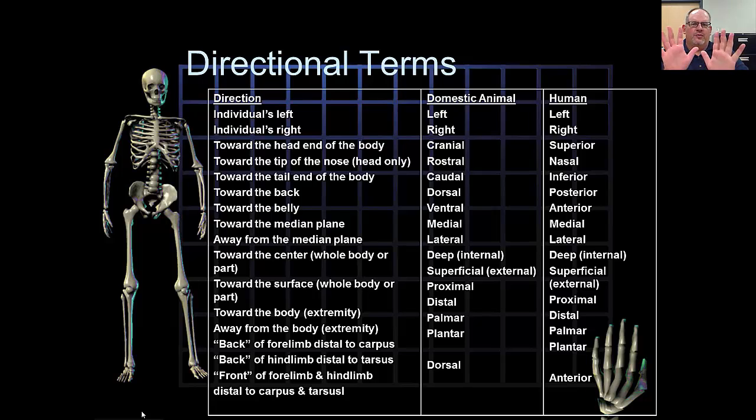We also use terms called palmar and plantar when we look at the limbs and look specifically at the area that would be the paws or the hands. So the area where you're going to have the fingers or the toes. So palmar is going to be the palm side. We call the top side of that dorsal.